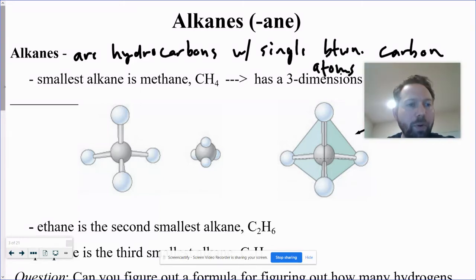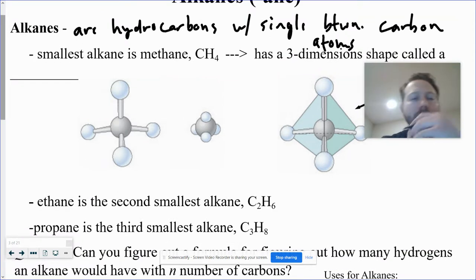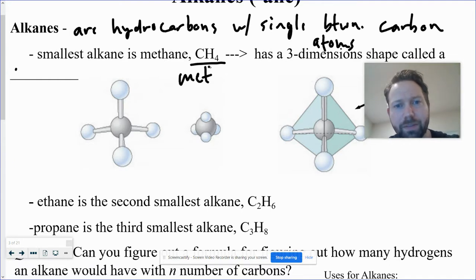The simplest alkane is CH4. It's a single carbon, and we call this methane. This is methane. This is a particular shape called a tetrahedron.